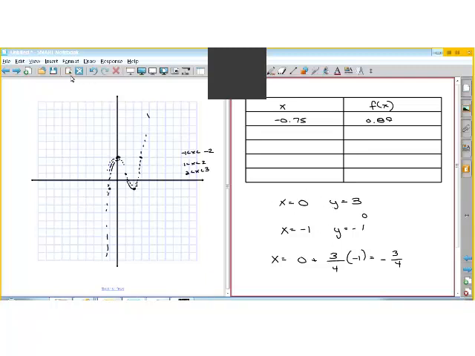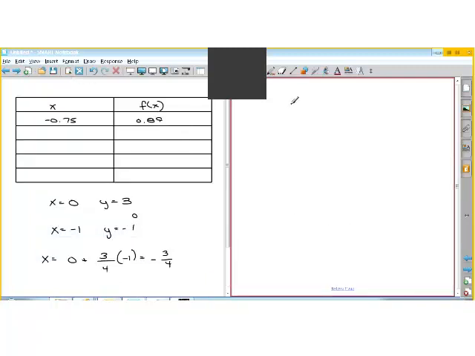So we're still above. So now again, what we're going to do is use this as the left-hand side, x = -0.75, y is equal to 0.89. Then we'll use the other side, x = -1, y equals -1.